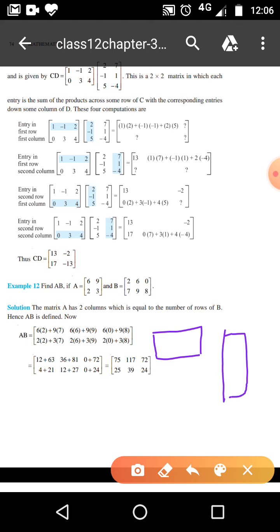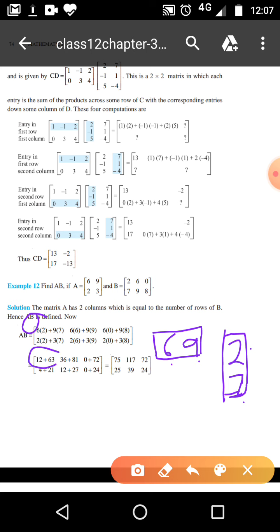If you want the first entry, then you write here 6 and 9, and then 2 and 7, and now multiply: 6 2s are 12 plus 9 7s are 63.